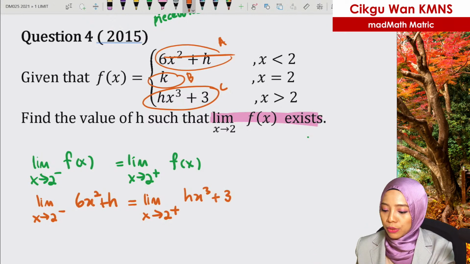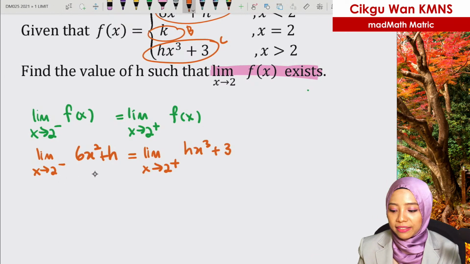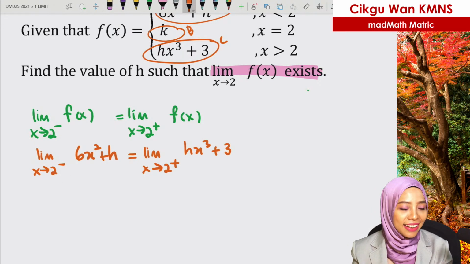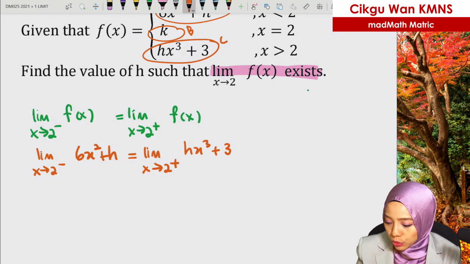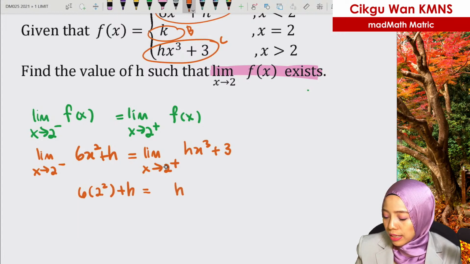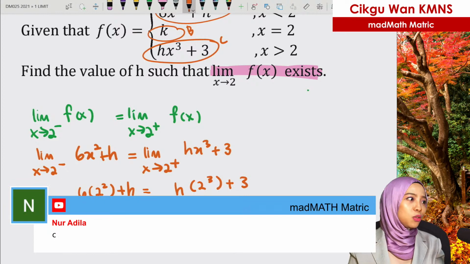Okay, direct substitution. Function je berbeza you all. Kemudian masuk je nilai 2. So 6 times 2 squared plus h equals h. Now we are going to substitute x with 2. So 2 cubed plus 3. Gitu. Yes, very good.